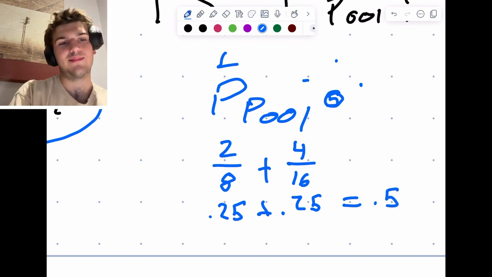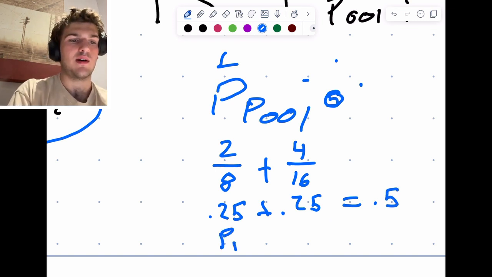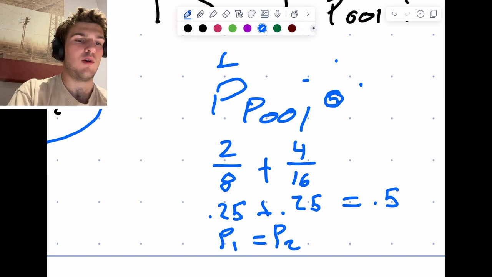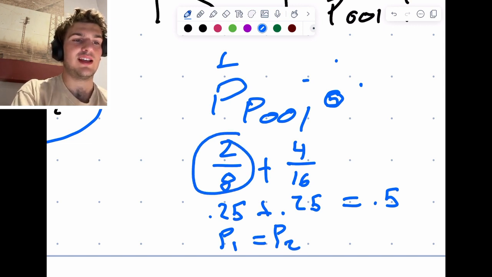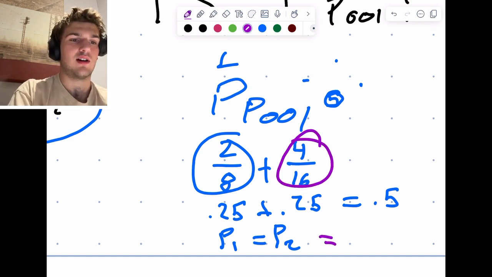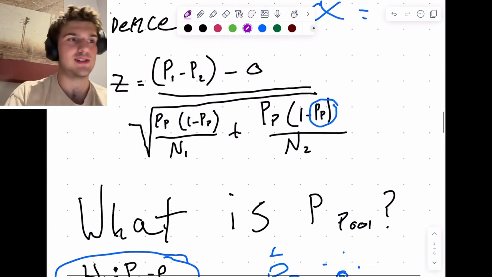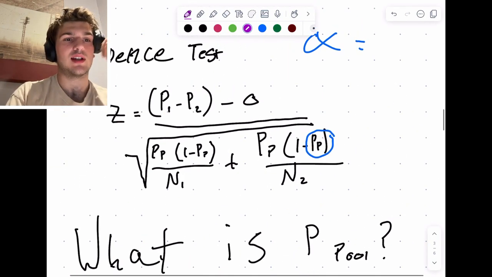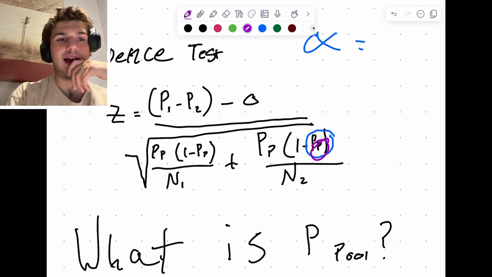We're going to get half, 0.5. But since we believe that P1 is equal to P2, we can add them across. So that would be like 0.5 as well. So that's why we're using a p-pool: we're allowed to because of our null hypothesis.